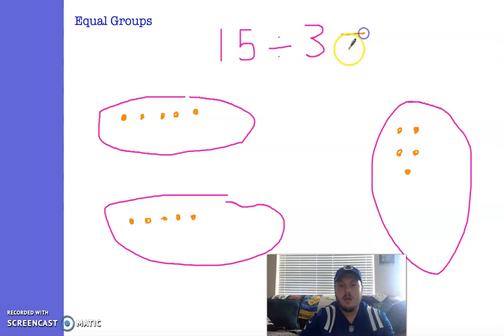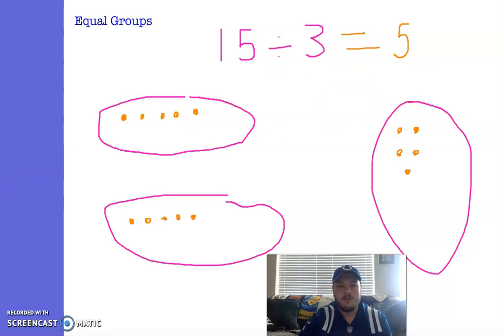And we have hit our total of 15. So now we just count how many are in each equal group. And I see that I have 1, 2, 3, 4, 5. And as long as that matches throughout, we know that our quotient for this problem is going to be 5.